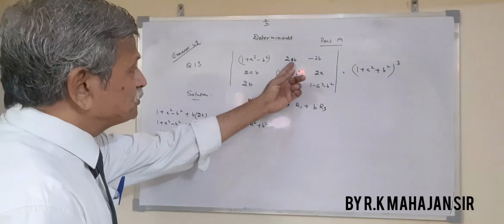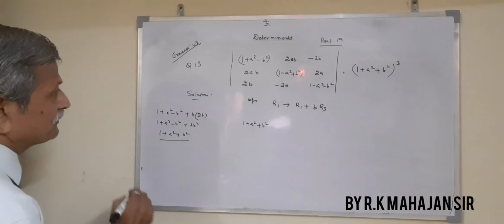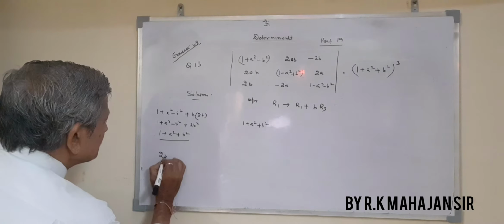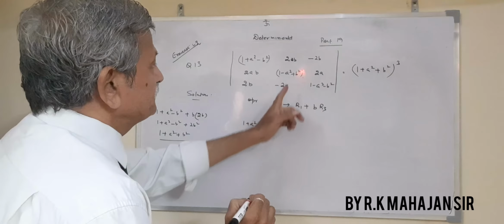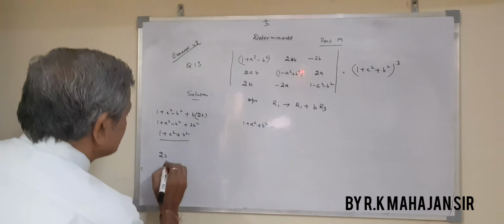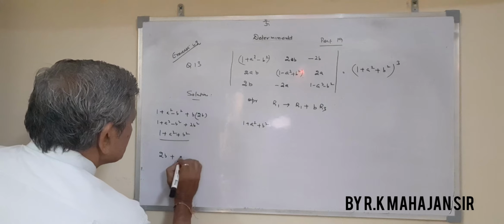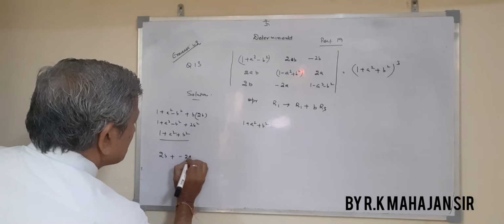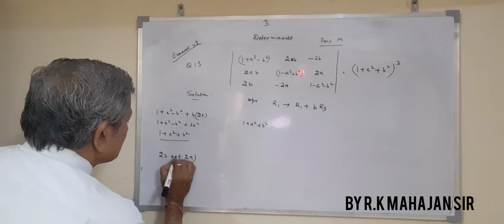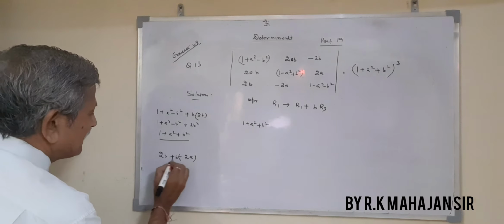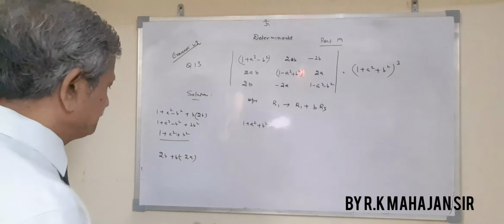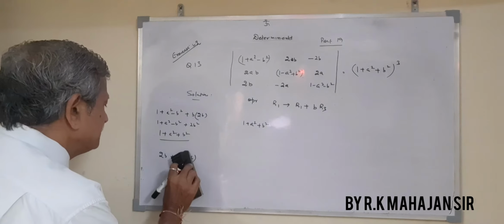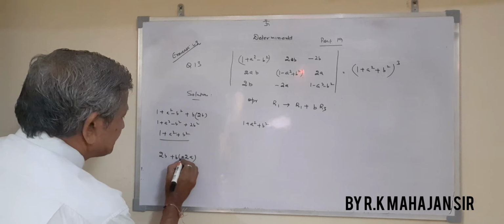Now in this case 2ab plus b times of this. So 2ab, that is for R1, 2ab plus b times of this, minus b times of this. So b times I'll write down here. This minus sign will be inside, I'll write it down because this is here.